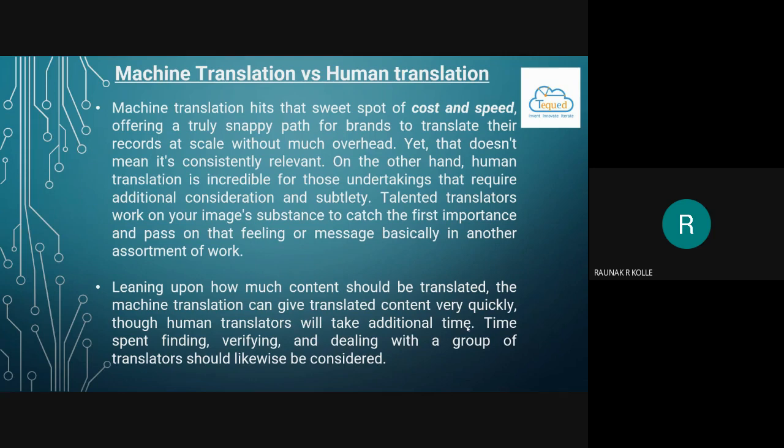Depending upon how much content should be translated, machine translation can give translated content very quickly, though human translators will take additional time. Time spent finding, verifying, and dealing with a group of translators should likewise be considered.